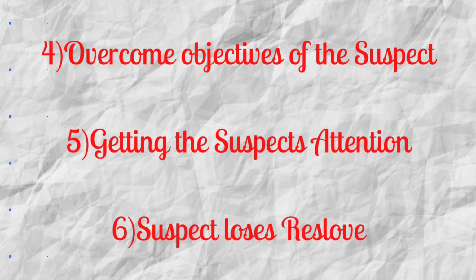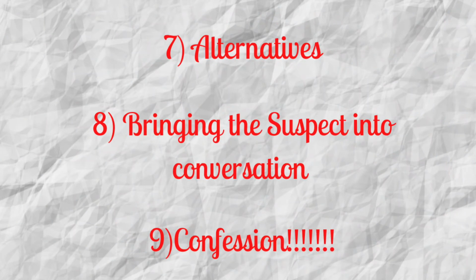Number 7, alternatives. At this point, they will offer you 2 different types of motive. One would be socially acceptable, like a crime of passion, and one is more morally disgusting, as in you just killed him for the money. Number 8, bring the suspect into conversation.